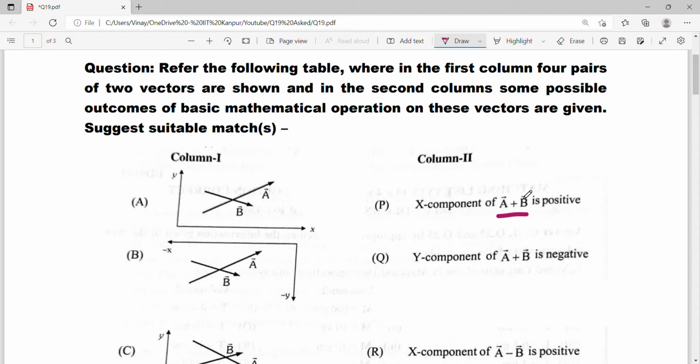So let's get started. Firstly, I'll explain briefly here. If you want to add two vectors, let's say a vector here and another vector b vector. In the xy plane or in the xyz plane, any vector you can move anywhere provided you are not changing its magnitude and direction, right?